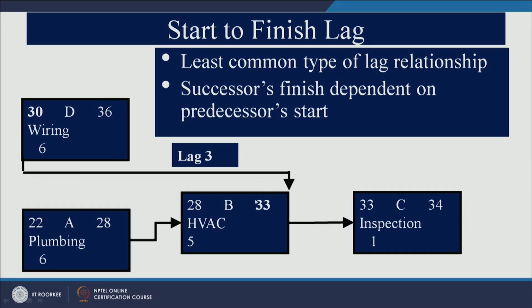So, what we are saying is that the successor's finish depends on the predecessor's start, right, and inspection of course you can start after this or on 33rd day, and it is taking 1 day. So, it will be over on 24th day. So, with this we have completed this lead and lag relationship.